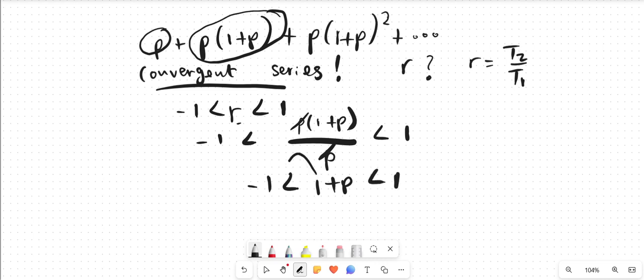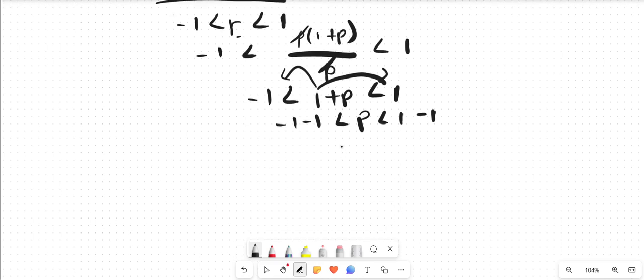Then if you take this 1 over and it goes over that side, you end up getting a -1 minus 1. And here you end up getting a 1 minus a 1. So actually our p value is going to be between -2 and 0.